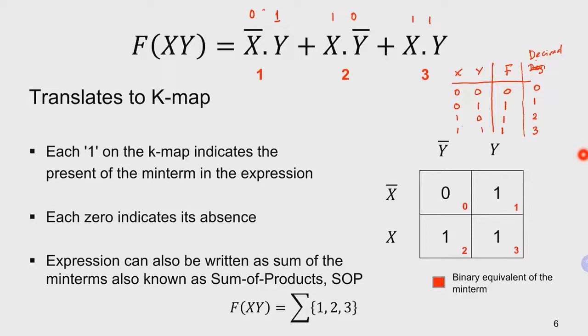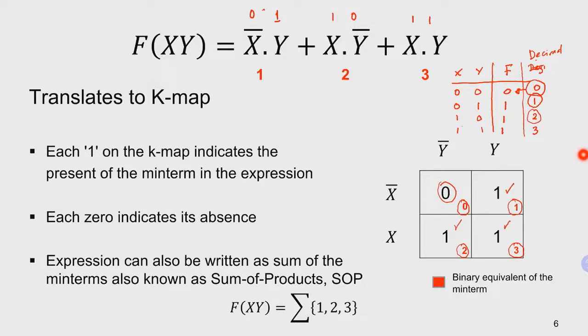So 0, 0 is this location 0, 0, 1 is this location, and then 1, 0 is this location, and then 1, 1 is this location. So for the 0 location, we have a 0, so we put a 0 here. For the location of 1, we have a 1, so we put a 1 here. And then for the location of 2, there's a 1, we put a 1. And then location 3, there's a 1, we put a 1.